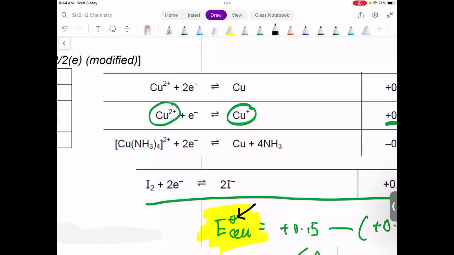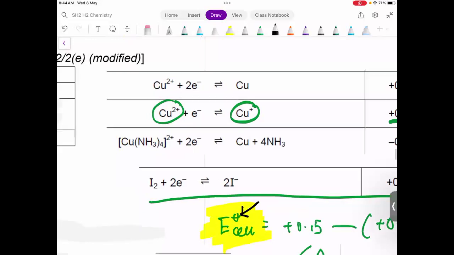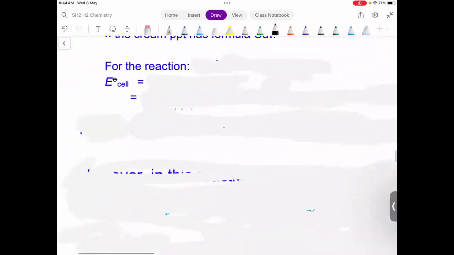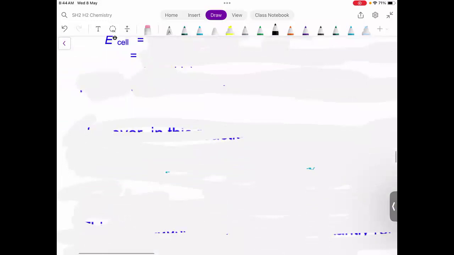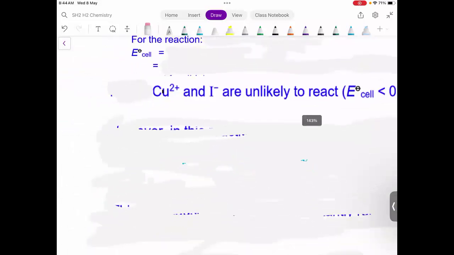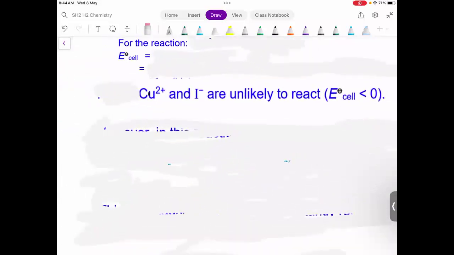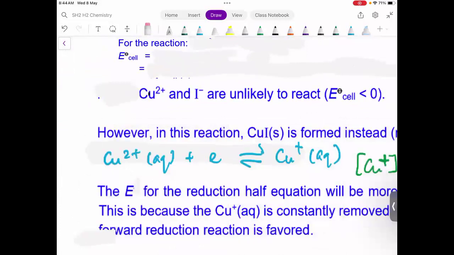It will favor the reduction process, because the product now cannot hit 1 mole per dm cube. It's always kept very low. So this is what is happening over here. The apparent contradiction is that we predict E0 cell to be less than 0, so unlikely to react, but yet there is a reaction.